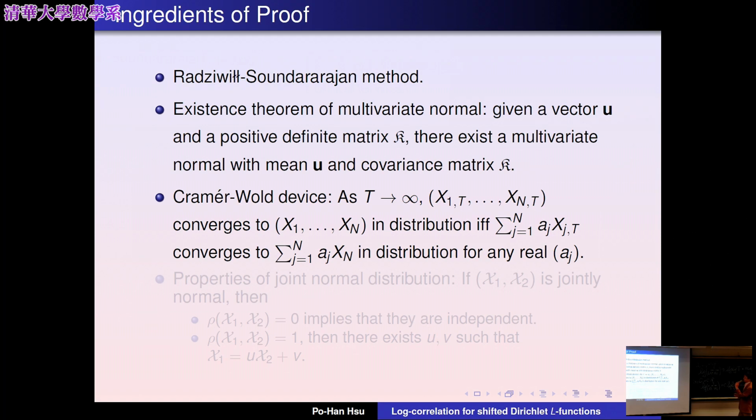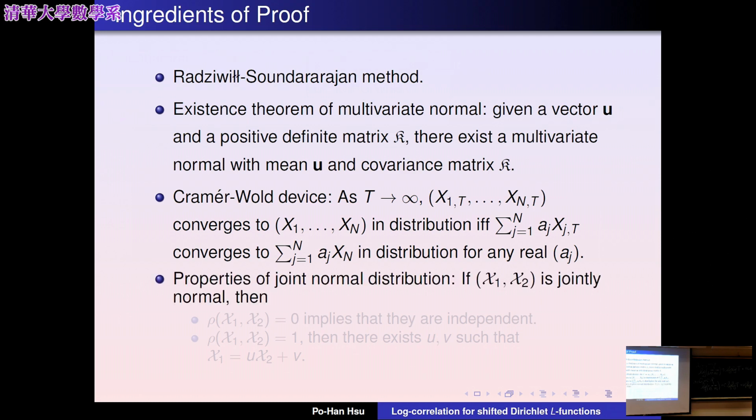Okay. So the tedious part of our work is that individually we have this log L converging to some normal. In order to show they jointly converge, we have to show that a linear combination of these converges to a linear combination of some normal variables. And that's the tedious part of our work.